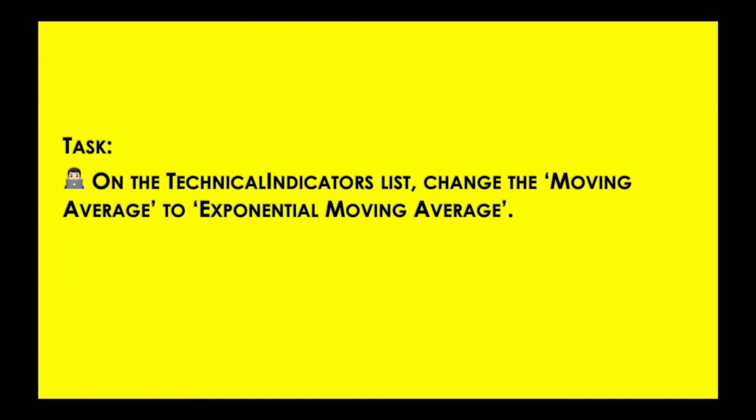And please follow the numbering in every video, so for you to be able to have your lessons or your knowledge more organized from basic to advanced. Okay, so again, the task is we should change the moving average inside our technical indicators list into exponential moving average. So from string to string.